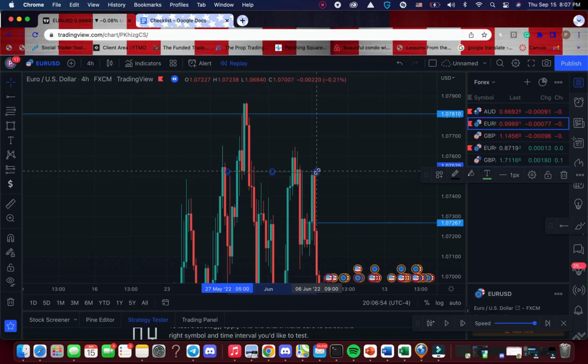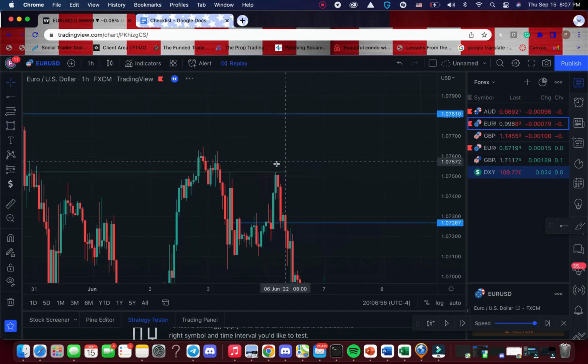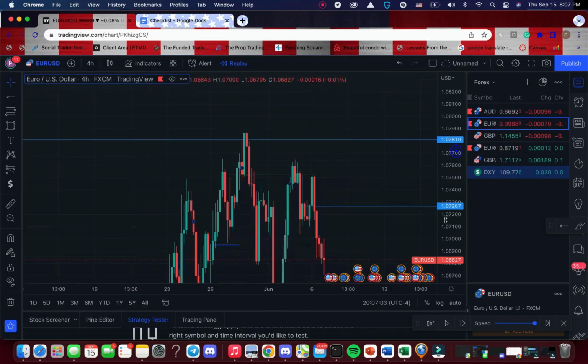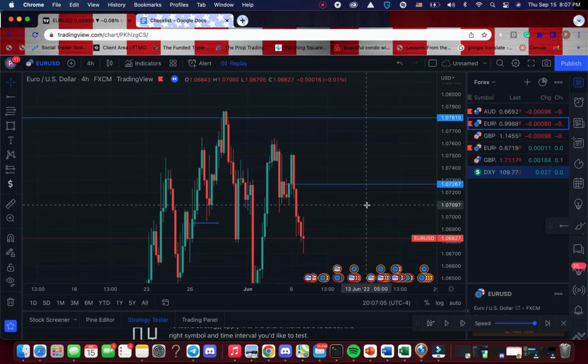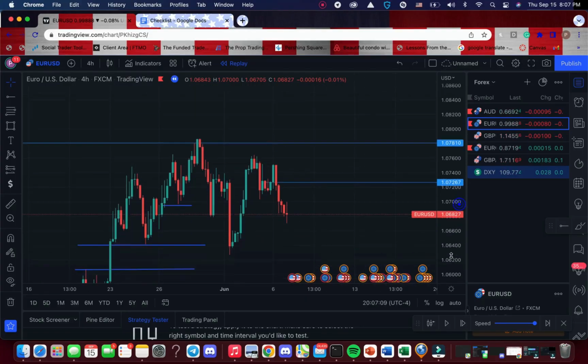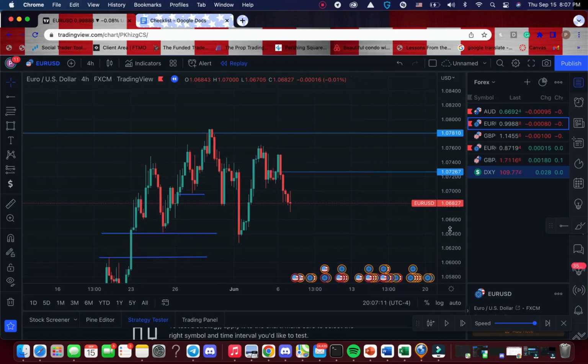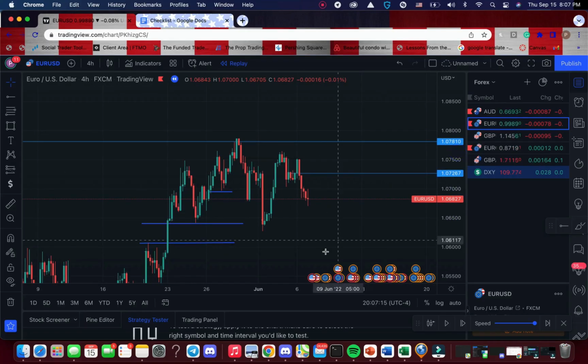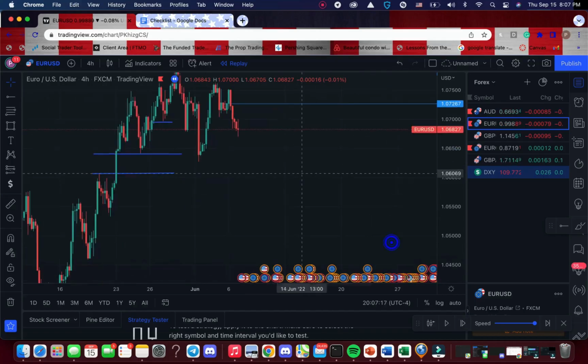So around 3 a.m., if we were to enter, price rejects during London session, as we saw. And as I mentioned, during the London and New York session kill zones is when price creates big movements, and it's when the markets are most volatile. So yeah, we saw that price rejected, and let's just see what price does from here on.